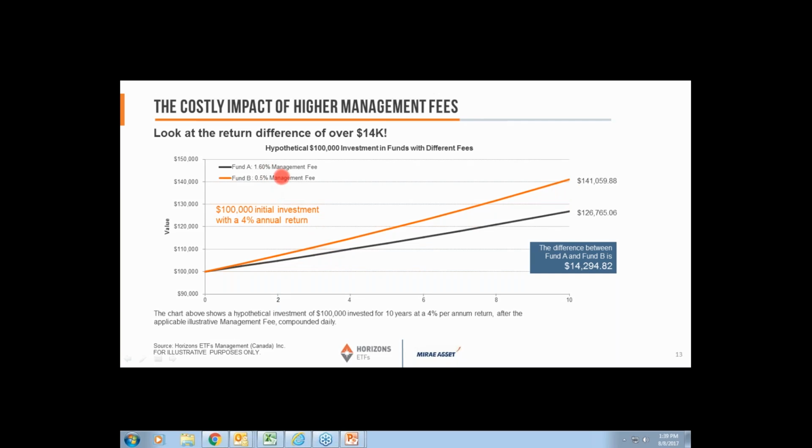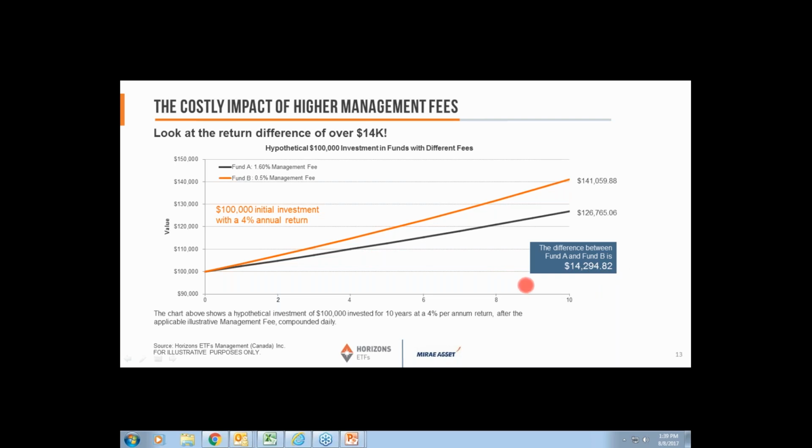So we can see here very simply that if I bought $100,000 in two funds that invest in the same group of bonds, and one was 1.6 and one was 0.5, and 0.5 is actually expensive on the ETF side, you can see here that you have a difference after just 10 years of roughly $14,000 or 14%.